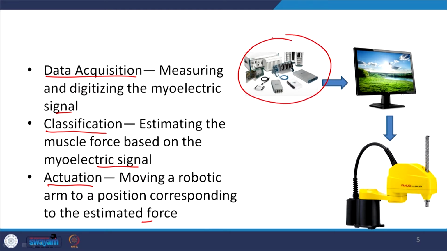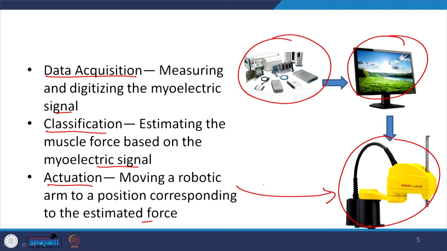So, here as you can see we have the data acquisition over here, and then this is your classification, okay, and here is actually the actuation. Okay. So, this is a symbolic representation of these steps basically.